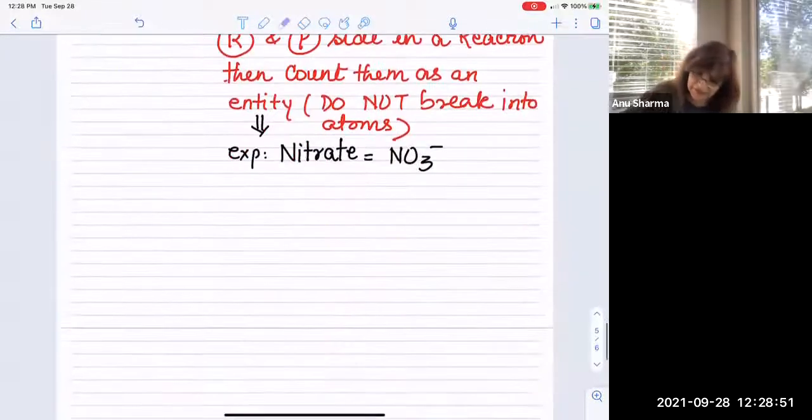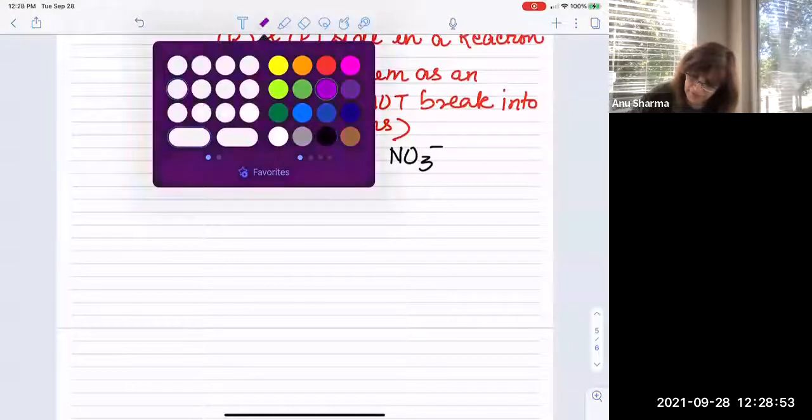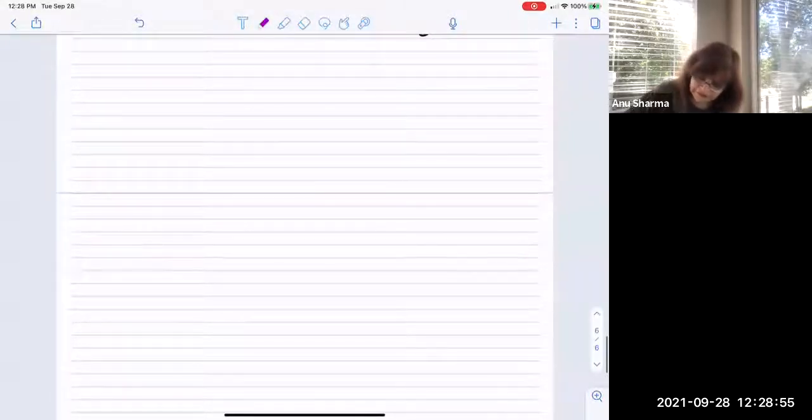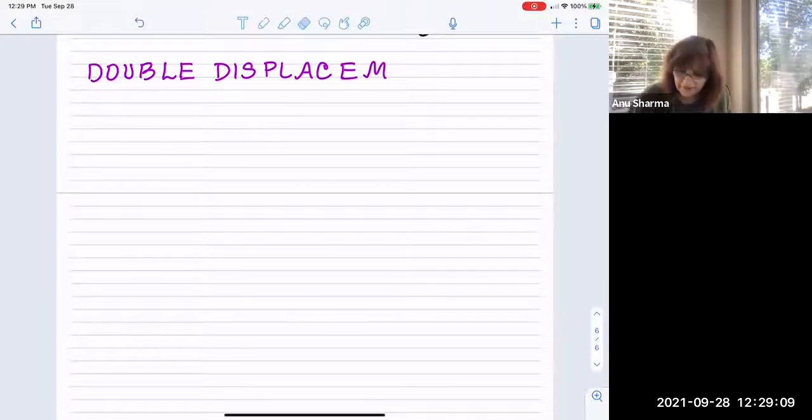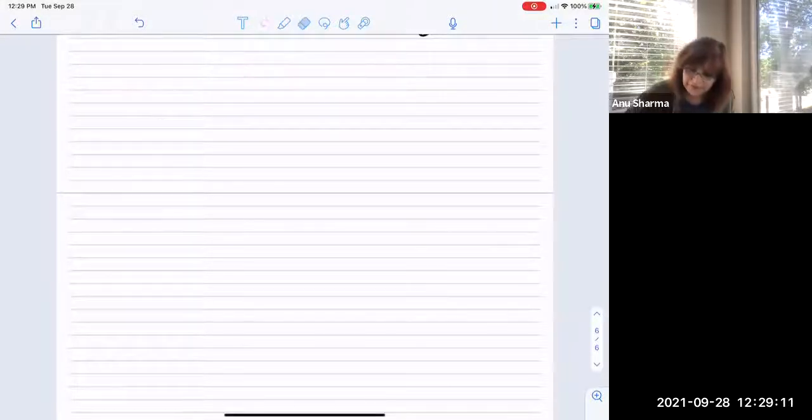Let's look at the double displacement now. We will cover more examples later if needed, but we need to keep going. Actually, I'm going to hold on to double displacement because I have to start my office hours.